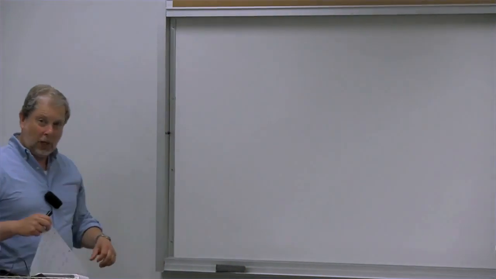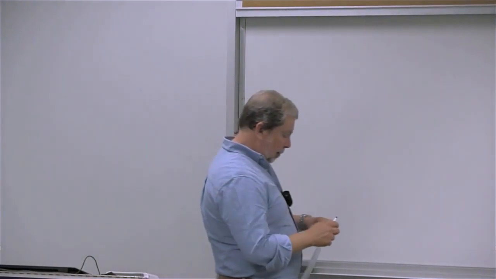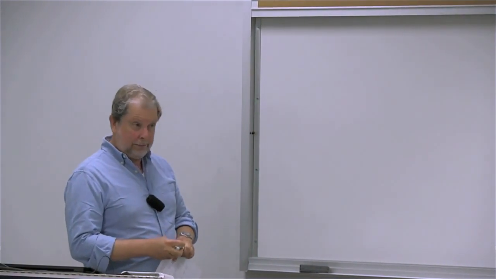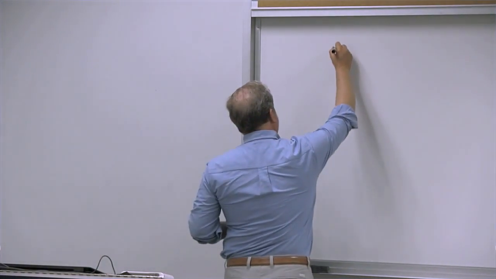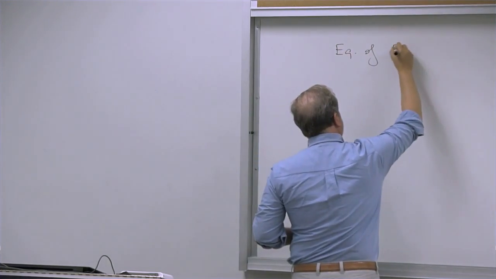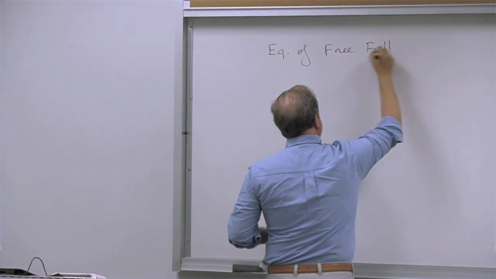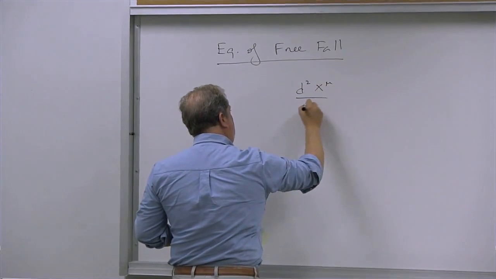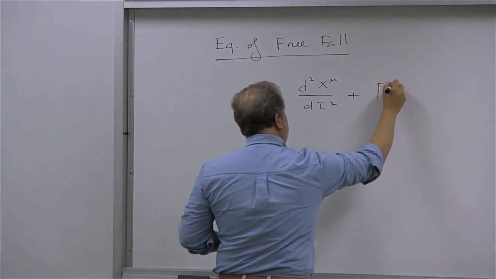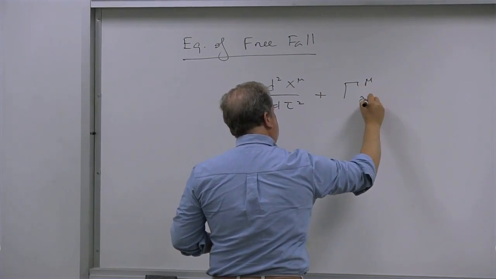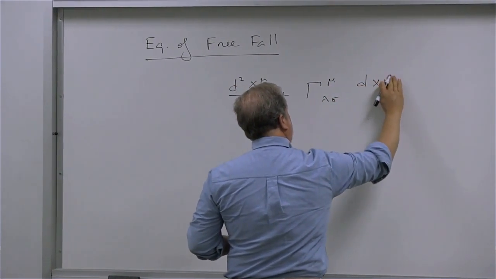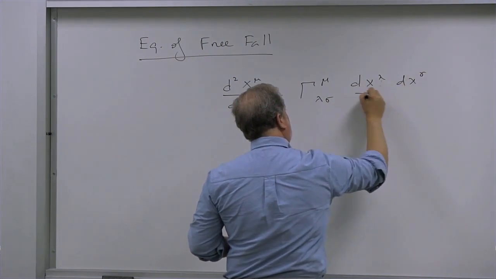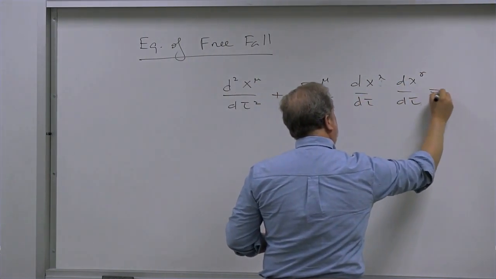Yes. So now we come back to our regularly scheduled lecture. One of the main things that we learned in the last lecture was the central role played by the equation of free fall, or geodesic equation. So we have that the second derivative of x mu with respect to tau squared plus gamma mu lambda sigma dx lambda/d tau dx sigma/d tau is equal to 0.